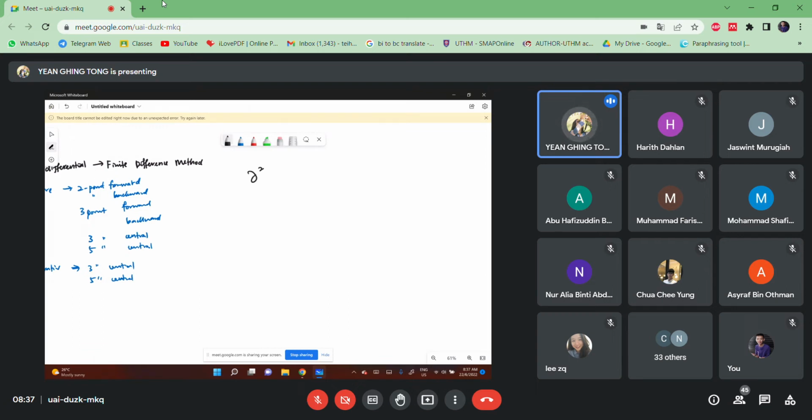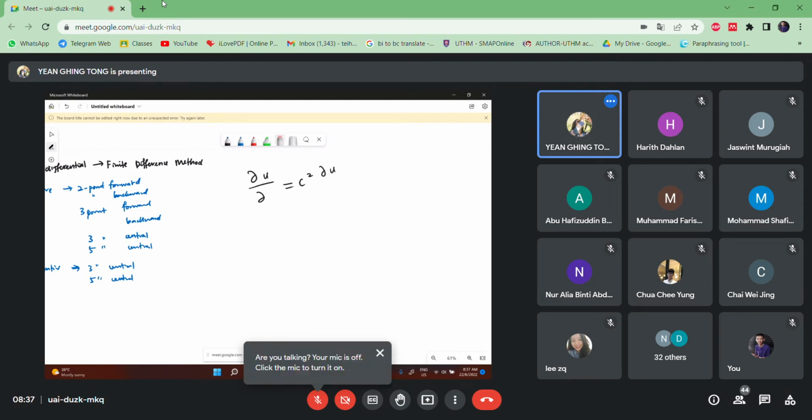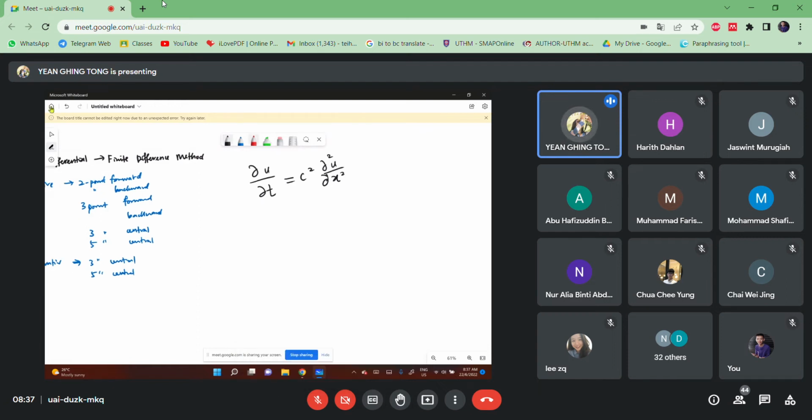Heat equation we have this one. Saya terbalik. Silap. Should be this one. Okay, so saya start dengan ni. Yang ni lagi senang, X.